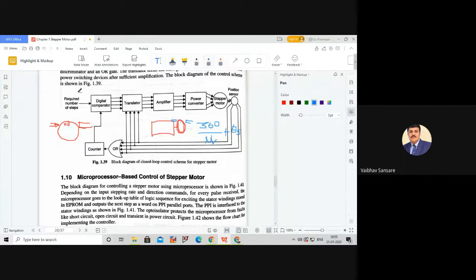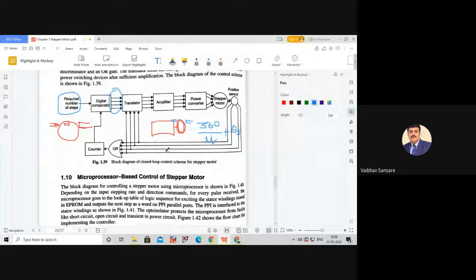So one input is the required number of steps and the second input is the actual number of steps completed. The comparator compares these two numbers, how many steps are actually required and how many have been completed by the motor, and accordingly the digital comparator initiates one control signal to the translator. The other input signal to this translator is the output signal of the position sensors.